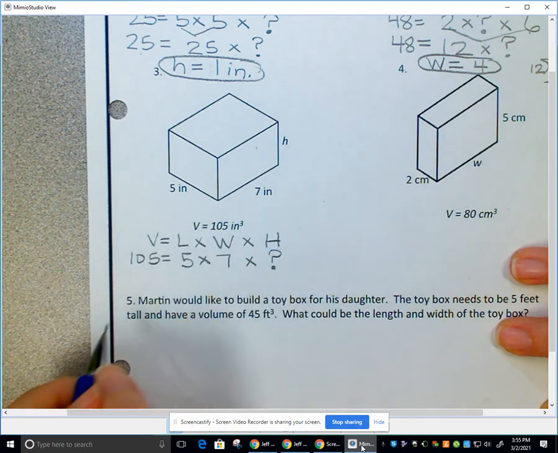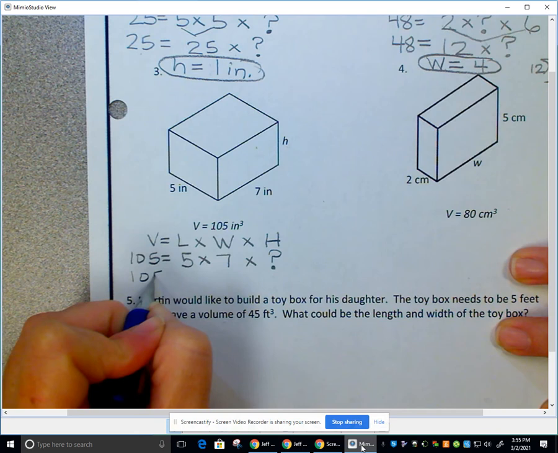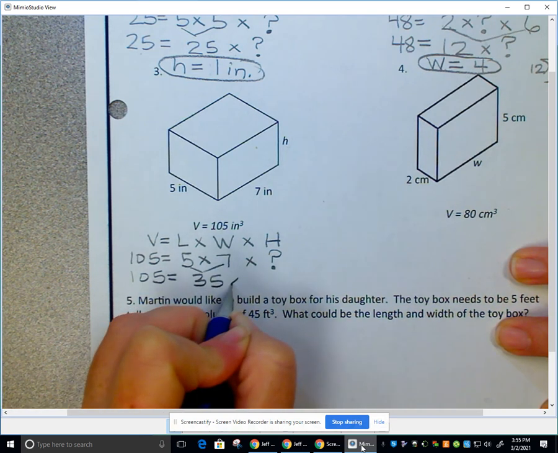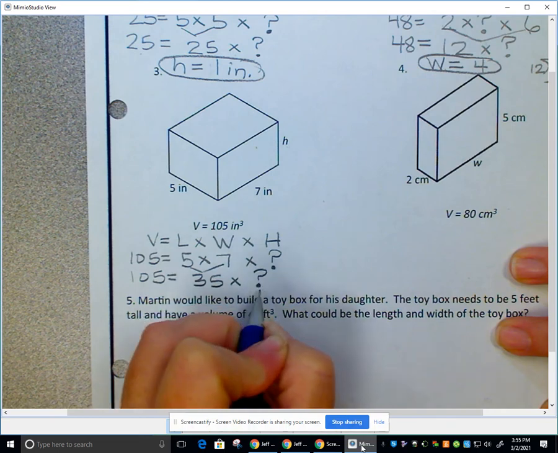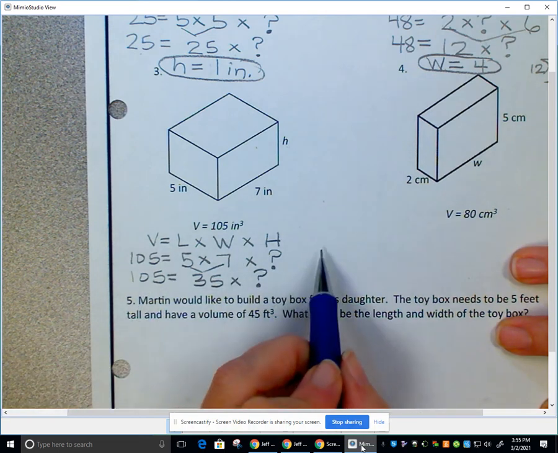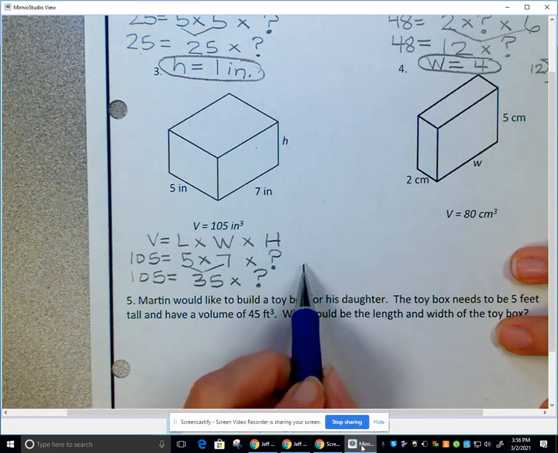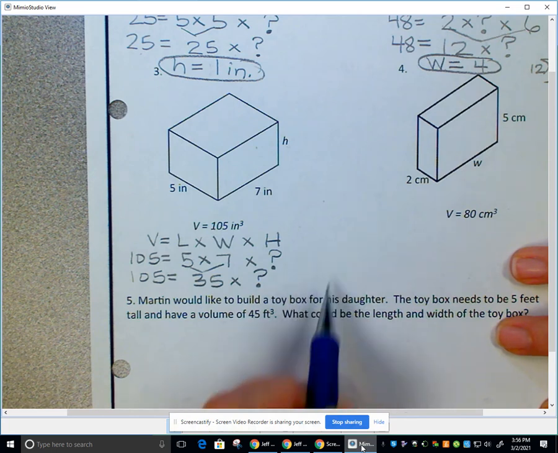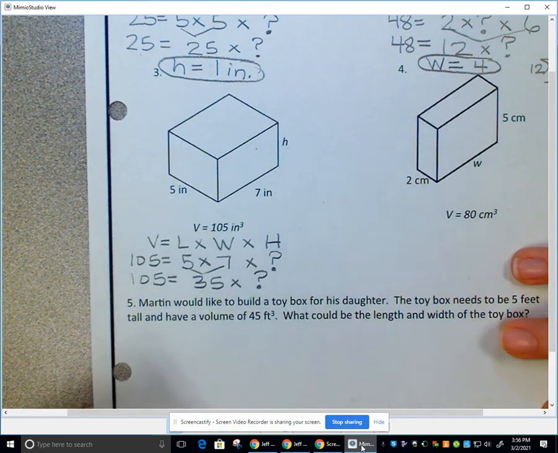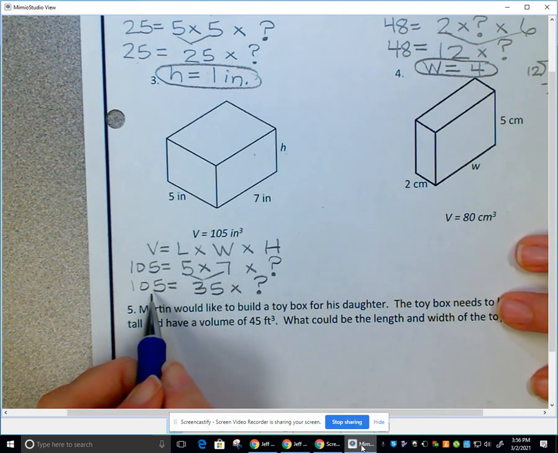Now let's do what we know. We've got 105 equals, let's grab these. That's 35 times some number is going to give me 105. Well, you could come over and say, well, 35 times 1, or 35 times 2, 35 times 3. You could do that instead of dividing. 35 isn't far from 105.